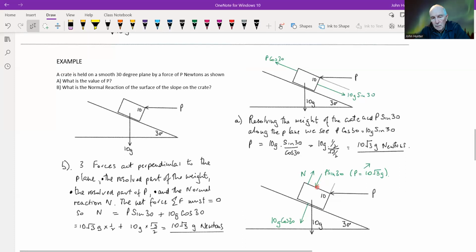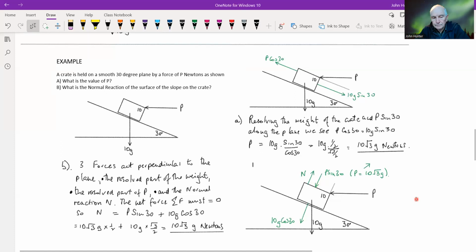We've got this force P resolved perpendicularly, through that angle. It would be cos 60, but we've called it P sin 30. And then we've got the normal reaction as well.